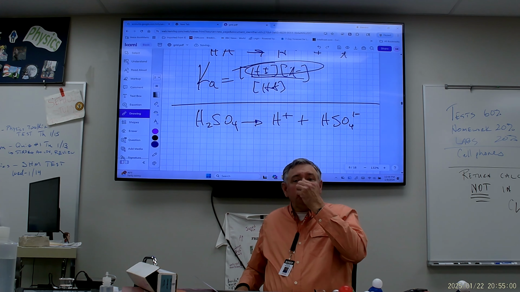So at equilibrium, how much of this original H2SO4 exists? None of it. You're dividing by 0, or a really, really, really small number. So the Ka value is undefined, or a really, really big number.